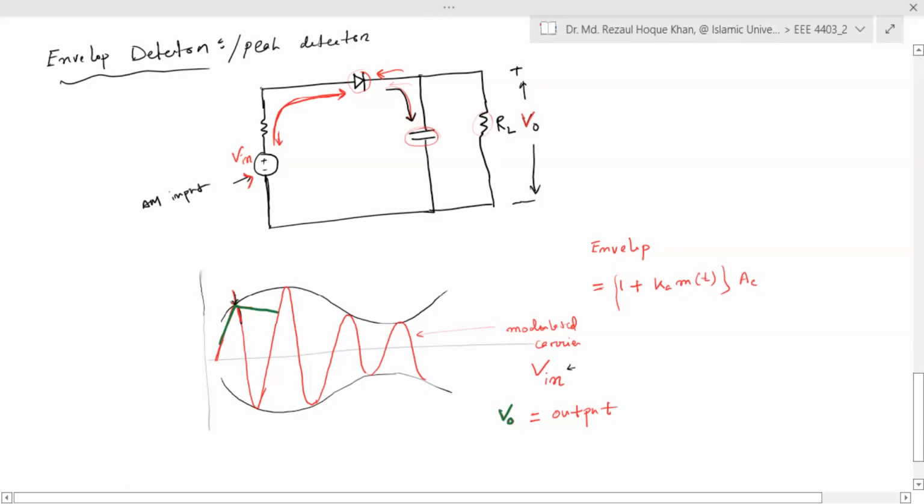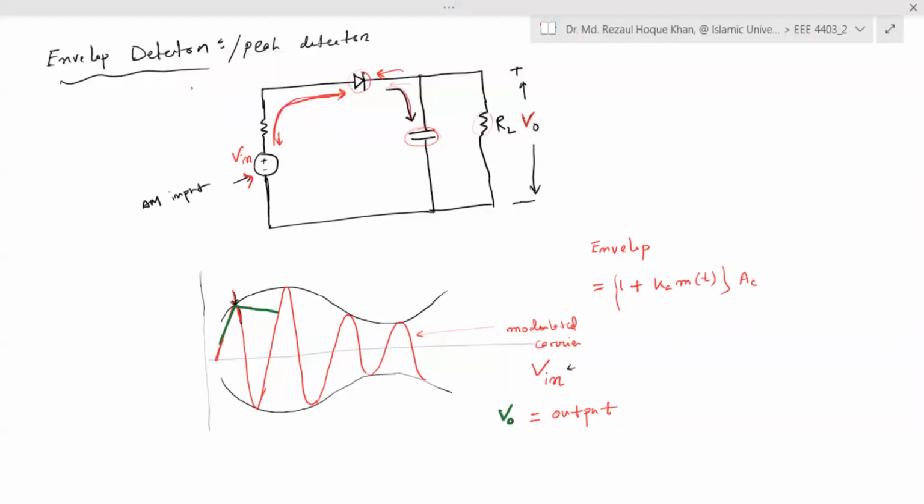Again, as soon as the input V in catches up fast and crosses this area, the diode is again forward biased, and the capacitor again starts charging. As soon as it reaches the same point, the same thing happens: it discharges, and it starts charging again.